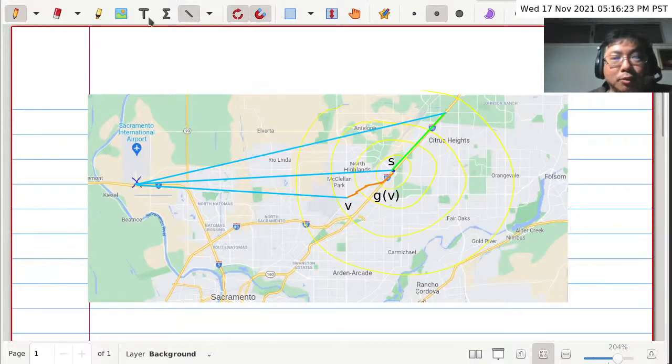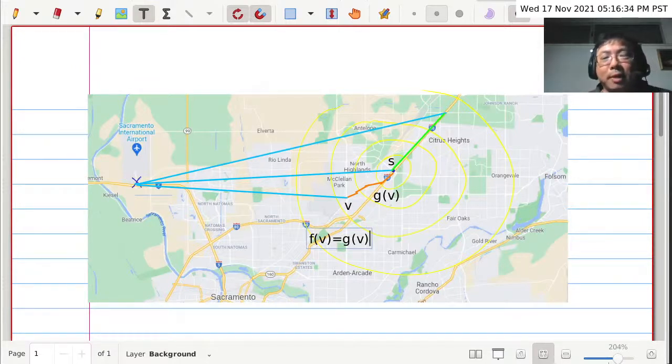You can actually use an equation to denote it. So f of v in this case is g of v, which is the length of the currently known shortest path from the start vertex s to a particular vertex v, plus the heuristic of going from v to x, the destination vertex. That is basically what f of v is really about.